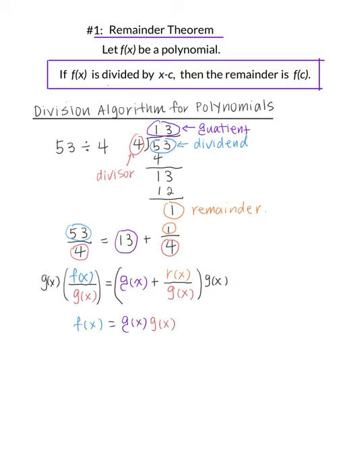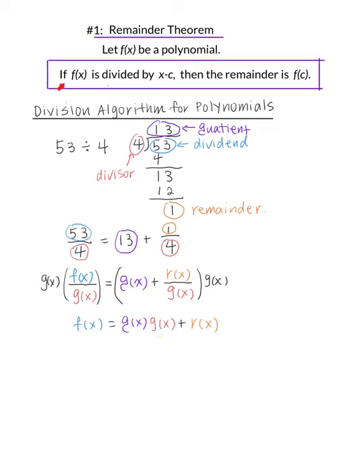All right, and then plus, now if I distribute g of x to r of x over g of x, then these g of x are going to cancel out. So what you're left with is just the r of x. So notice that we can write dividend equals quotient times the divisor plus the remainder.